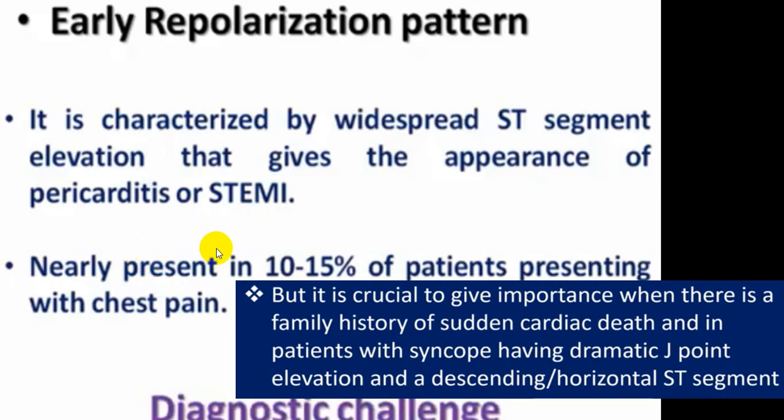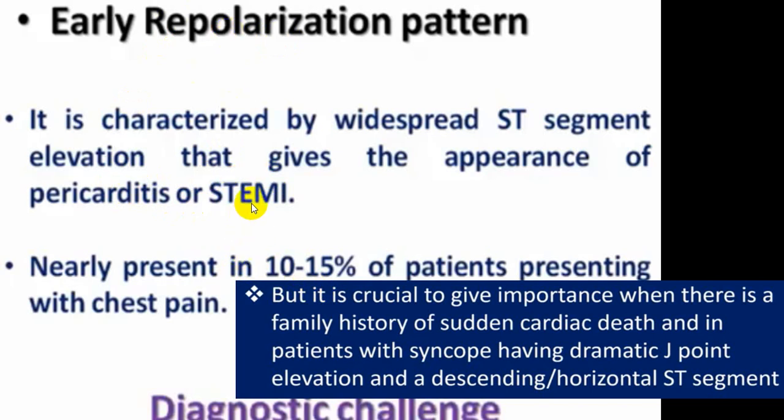Almost 10 to 15% of the patients with chest pain will present with early repolarization pattern, which is in favor of STEMI. You will have to differentiate, even in pericarditis also a person can have chest pain, and also in an early repolarization syndrome group you can have chest pain. So you will have to differentiate these three groups from each other because the treatment will be different.